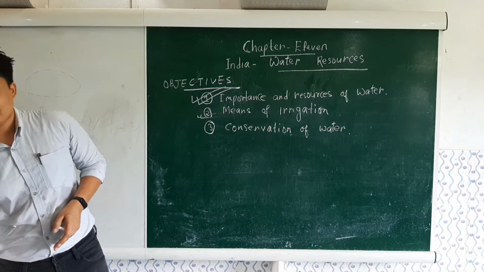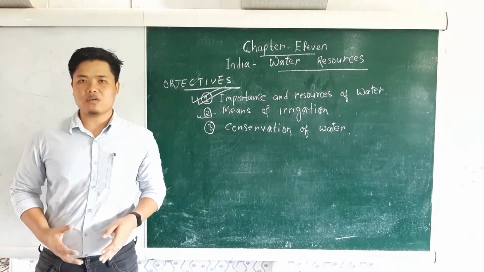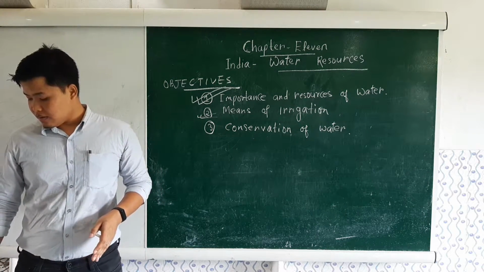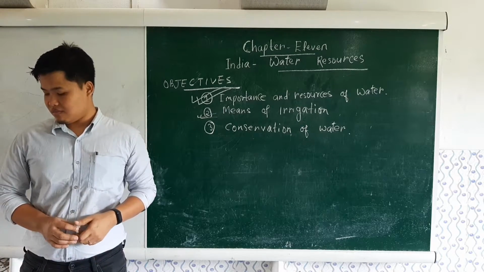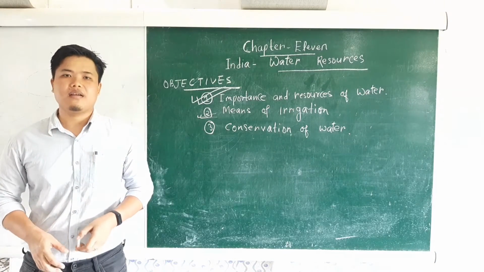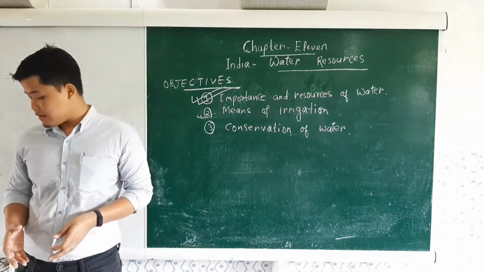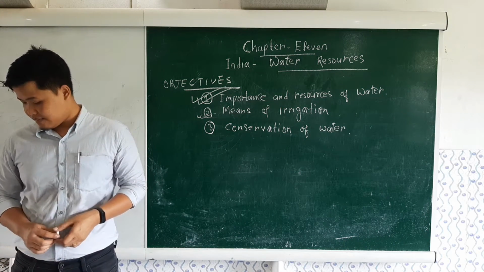And below the dam it forms a large lake called Gobind Sagar Lake. And Bhakra Nangal Dam is on the river Sutlej.